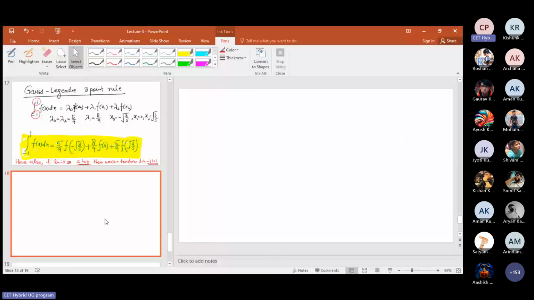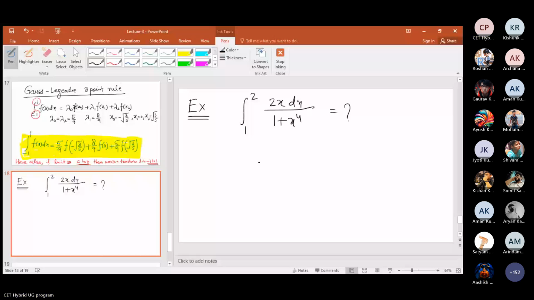Okay, in the next class we will see. Till then, you will see tomorrow this example, but if you are interested you can try and solve this one using 2-point and 3-point: integral from 1 to 2 of 2x dx upon 1 plus x raised to power 4. इसको आप चाहो तो you can try it.